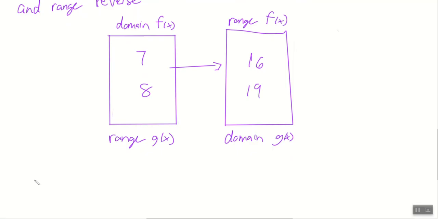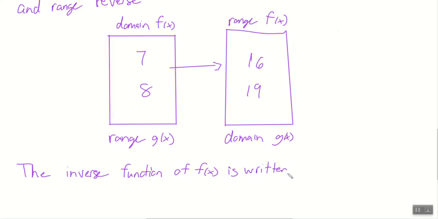But there's a different notation we have to write for inverse functions. So the inverse function of f of x is written as, I'm just going to write it first. Does anyone know how we say this? Or any ideas of how we say it?